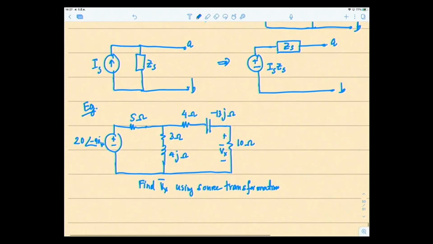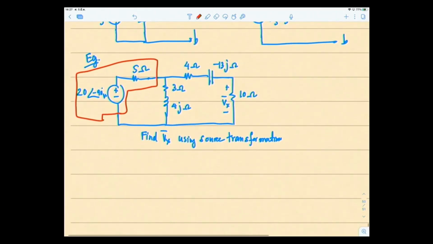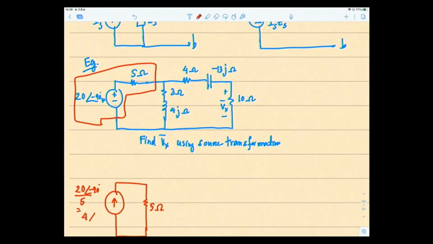Okay, let's do it. So if you need to use a source transformation, you have to recognize that there's a voltage source here, right? Connected in series with the 5 ohms. So I'm going to transform this into a current source, right? So 5 ohms stay the same value but change positions, and the Is, of course, becomes 20 angle minus 90 degrees divided by 5, V over Z. So it becomes 4 angle minus 90 degrees amps.